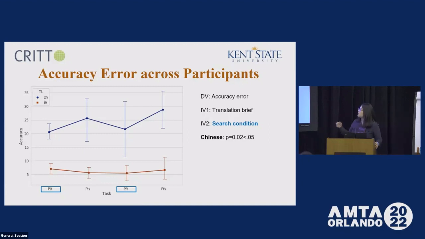We can see first that overall, Japanese participants tend to produce fewer accuracy errors than Chinese participants. And if we look at the different tasks, Japanese translators don't have a significant difference between the four texts.